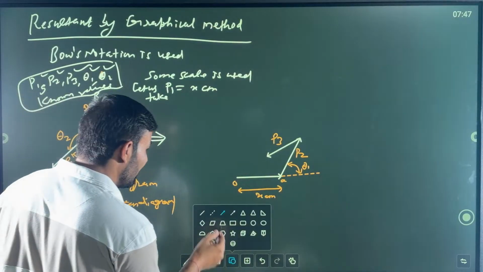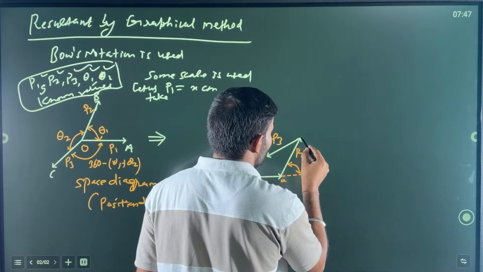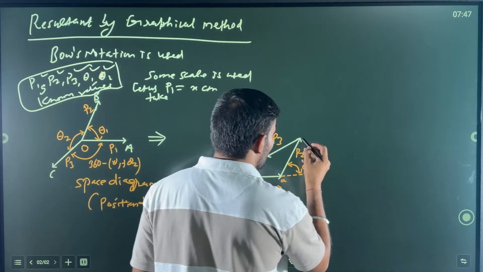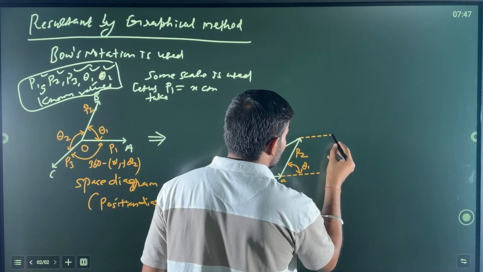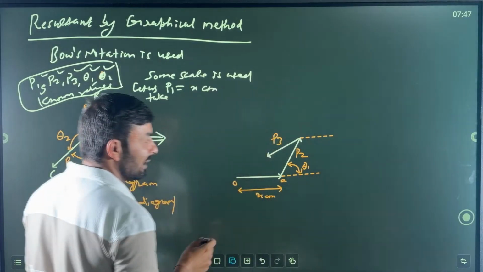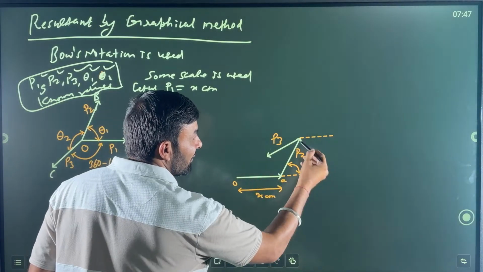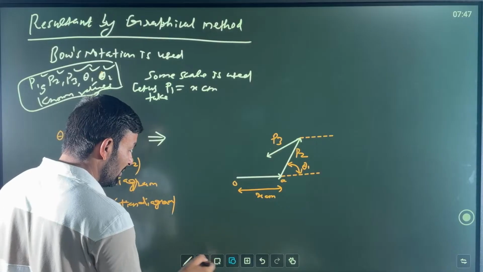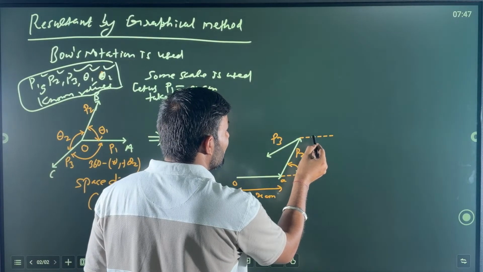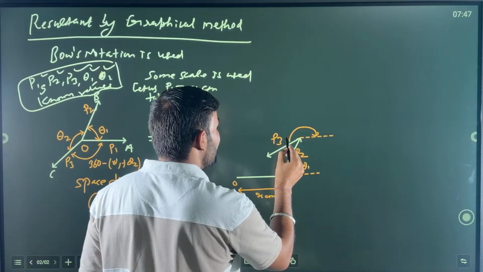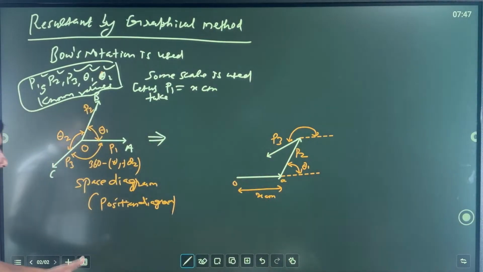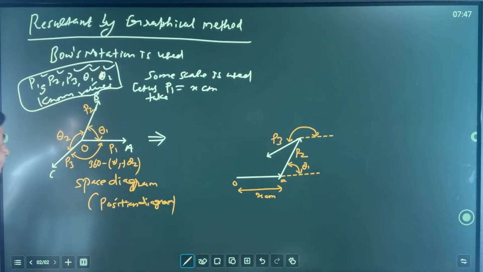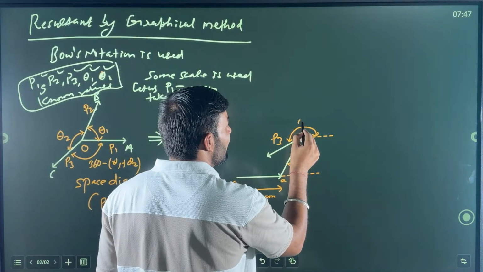Now draw a line over there, something like that. This line is parallel to this line. Be careful. So how much is this angle now? From there to there, you need to take theta 1 plus theta 2.